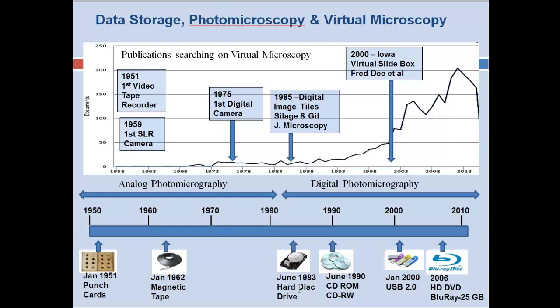And then in June of 1983, the first hard disk drive, you could save something to your computer, and then a CD-ROM. And then by 2000, you had the USBs that you could put in and save on a flash drive. And then the DVDs by 2006, and Blu-ray discs, et cetera, and now almost everything is shared over the internet.